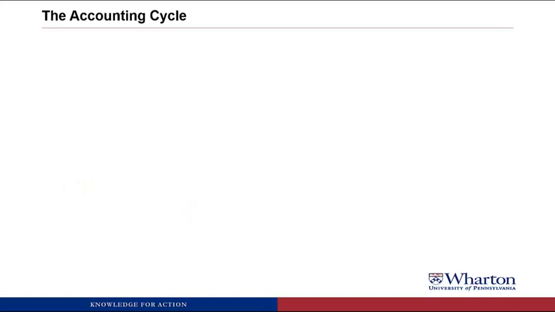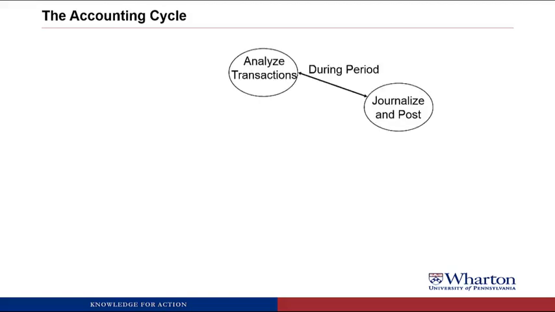We're going to go through the entire accounting cycle with an extended case, which follows a startup company from its first set of transactions all the way through its first set of financial statements, and that's what the accounting cycle is set up to do. First, as the business is operating during a fiscal period, transactions happen, and then you have to analyze those transactions to figure out how to come up with journal entries and then post those journal entries to T accounts.